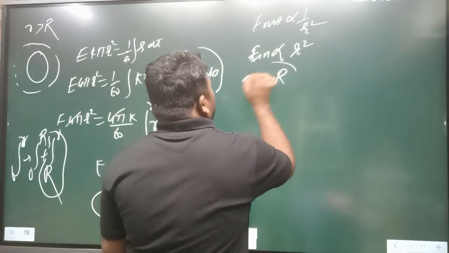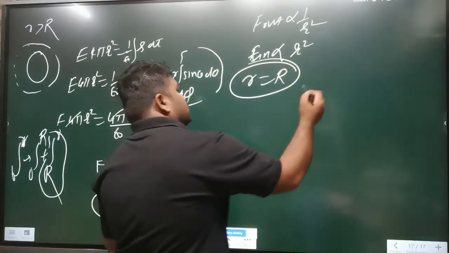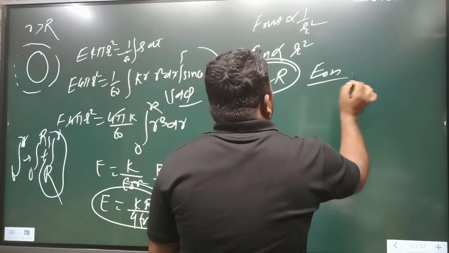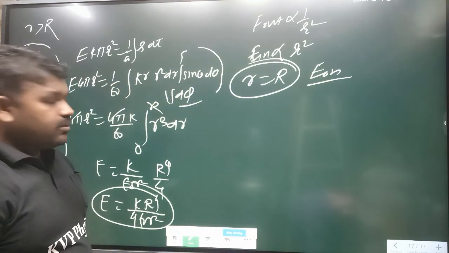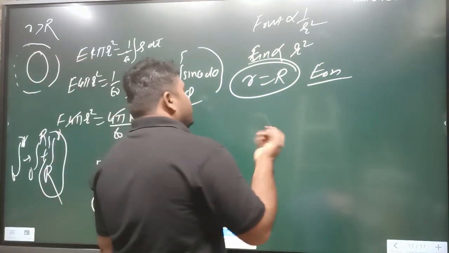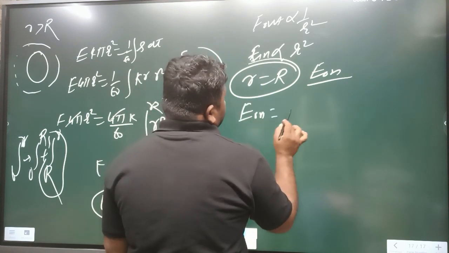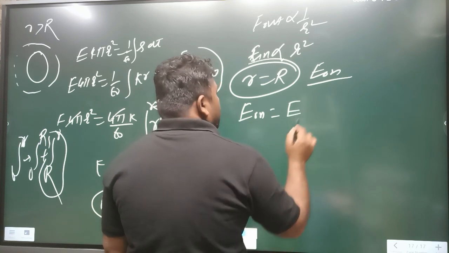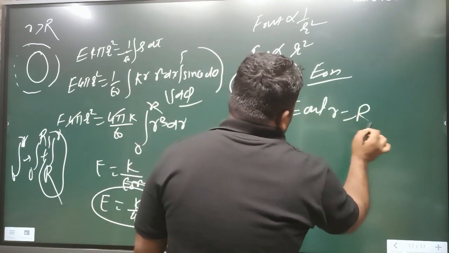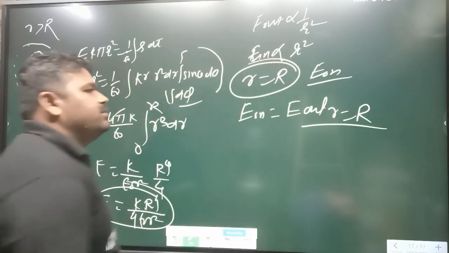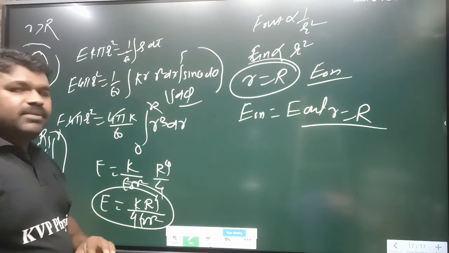Small r is equal to capital R. Take E in equal to E out at small r equal to capital R.